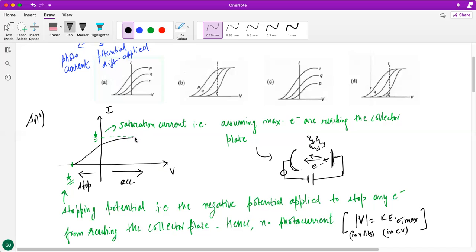This saturation current corresponds to the possible electrons that were ejected by the possible photons, right? So almost all of the electrons were getting ejected and reaching the other side. Then increasing the potential difference will not increase the current anymore. So we call this a saturation current. So these are the two important features of this graph that will help us answer this question.